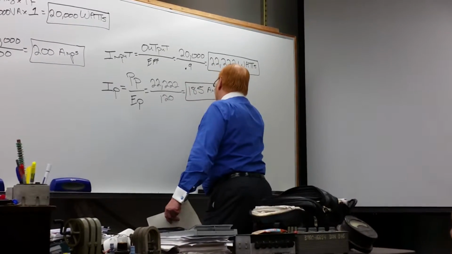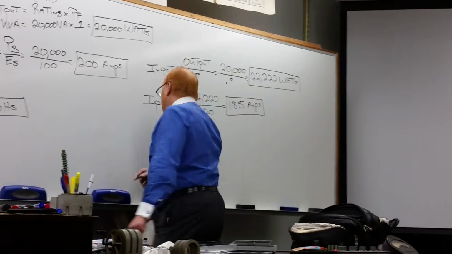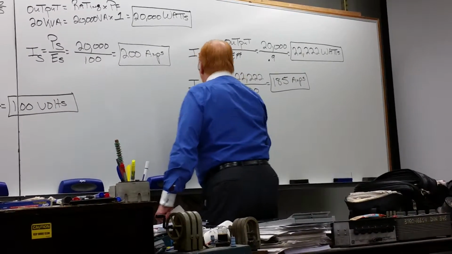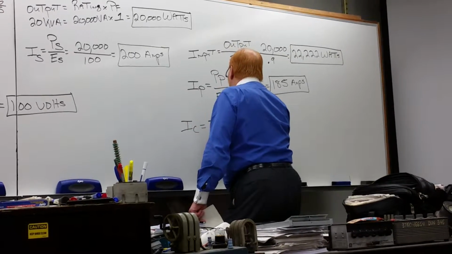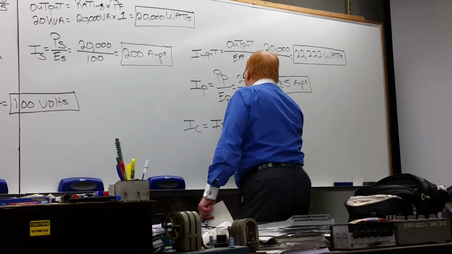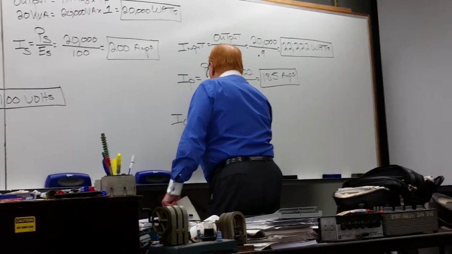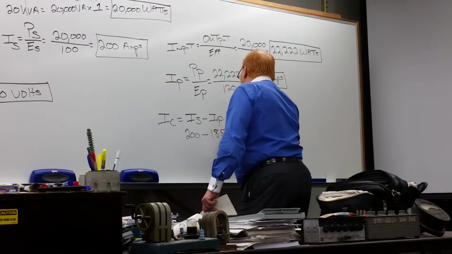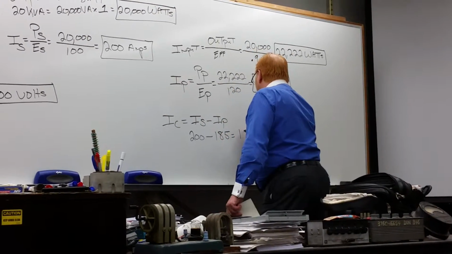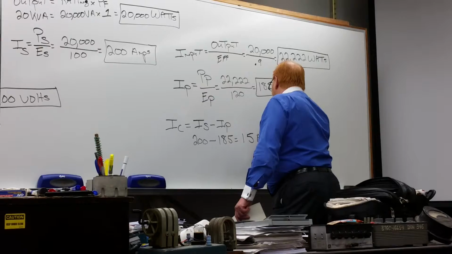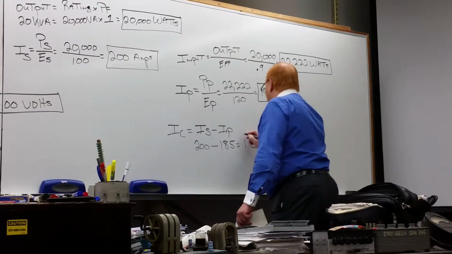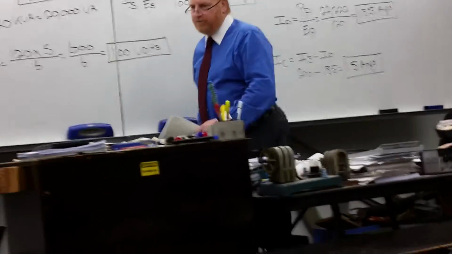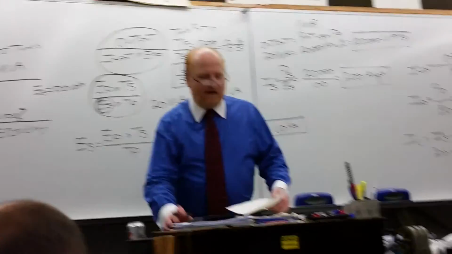The last part of this problem, we're looking for IC, current of the common winding, equals IS minus IP, or 200 minus 185, which gives us 15 amps on the common winding being shared by both primary and secondary.